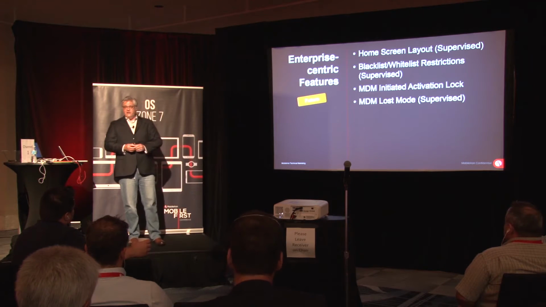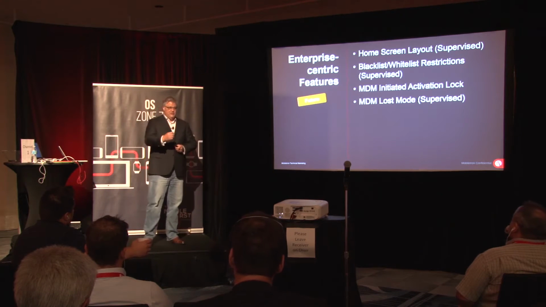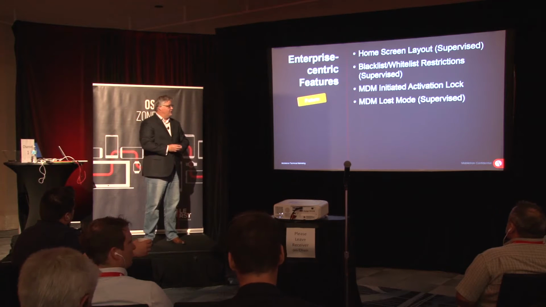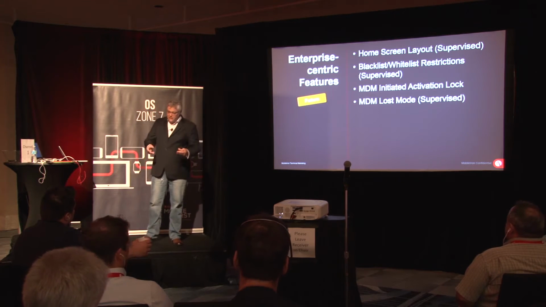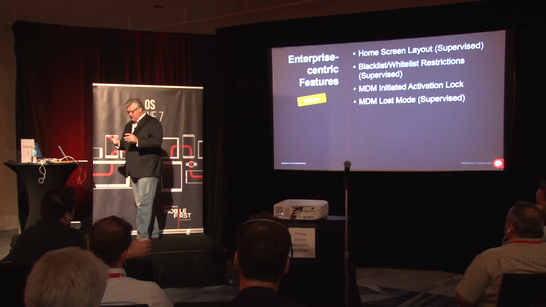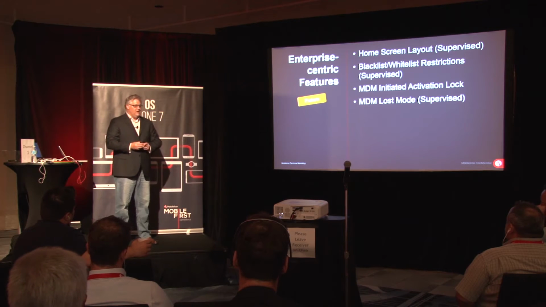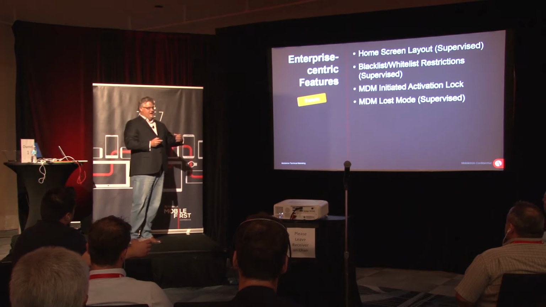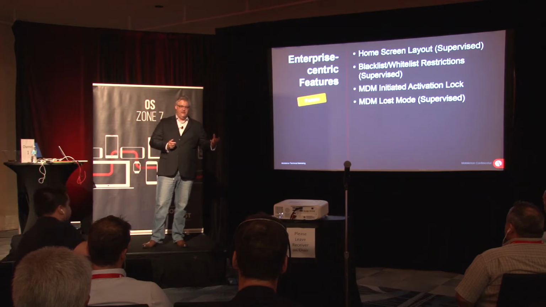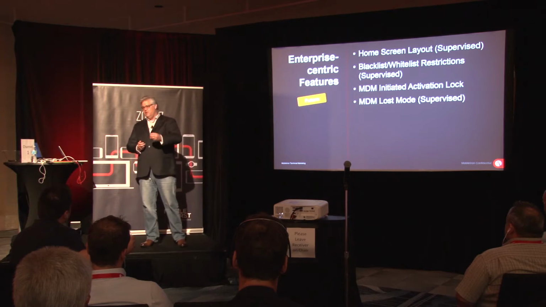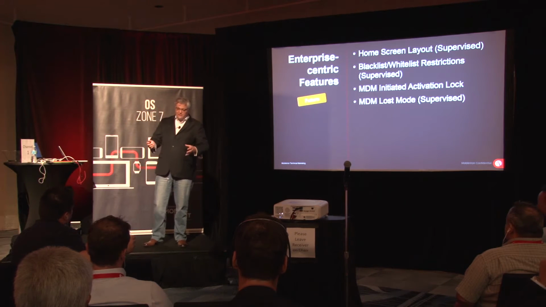Now our second bullet has to do with blacklisting and whitelisting restrictions with respect to applications themselves. Again, these apply to supervised devices. Now, the concept of blacklisting apps is not something that's totally new in the MobileIron world. For example, you can take an app and define an app control rule and take a compliance action around that device if you've got certain apps you don't want people to be installing on their device.